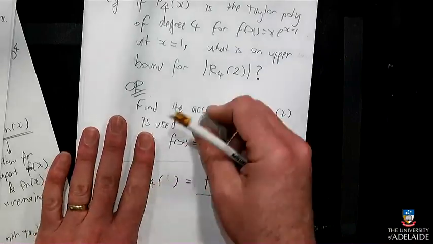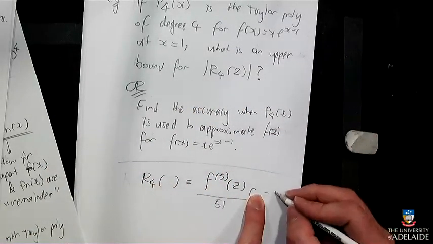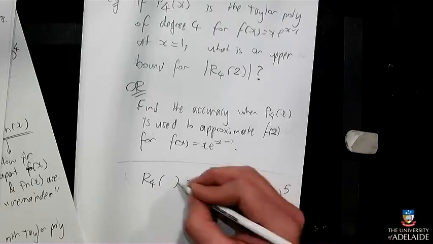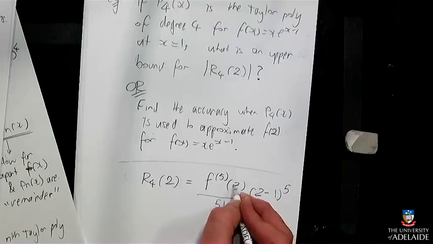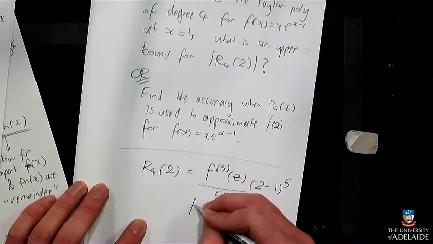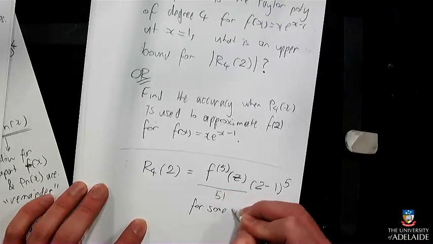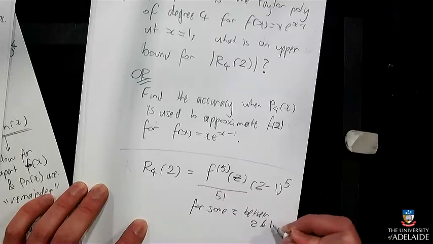I'll do it with an x. So that's normally an x here and an x here, and this is the centre there. And so we're using 2 in that spot. And this is a z, which is why I put a cross through the middle of my z so that you can tell it's not a 2. For some z between 2 and 1.